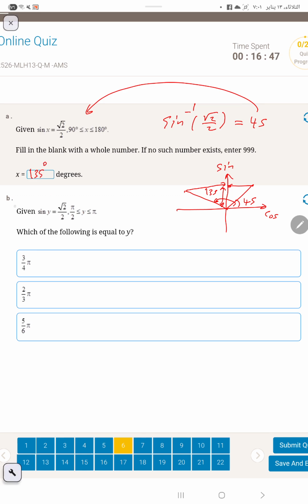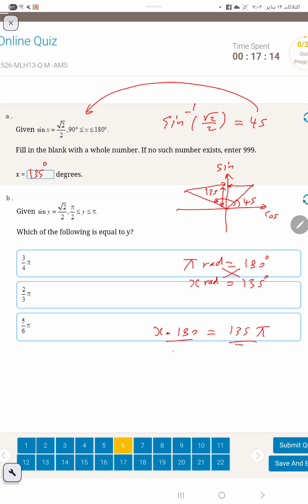Step number 2 for question B, we convert this into radians. So we know that pi radians is equal to 180 degrees. So if you have 135 degrees, what radian is that? We cross multiply. So x times 180 is equal to 135 times pi.